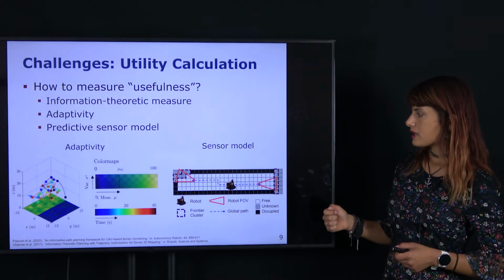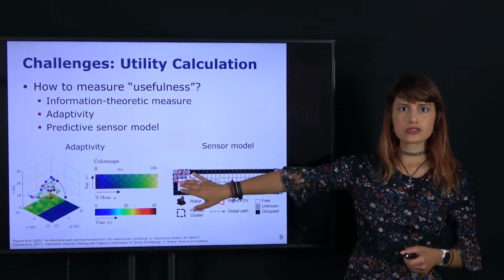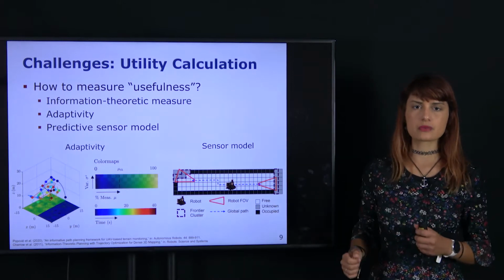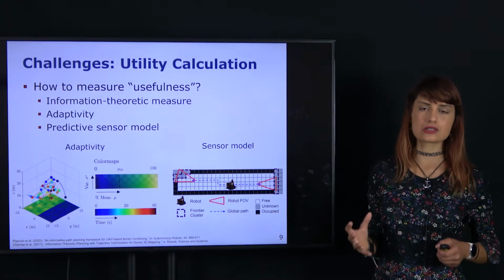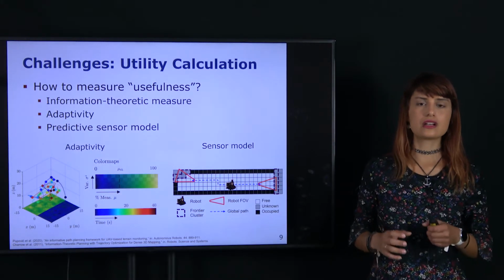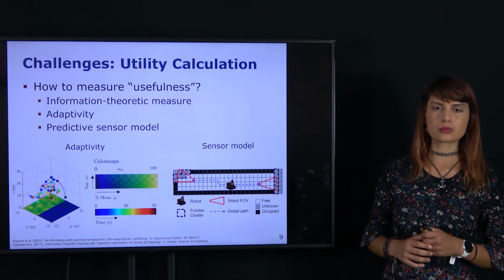So we say, okay, if the robot moved to this point, we were able to hallucinate somehow the potential measurements that it will take, and from this extract the utility and eventually compare between different actions to solve the information gathering problem.